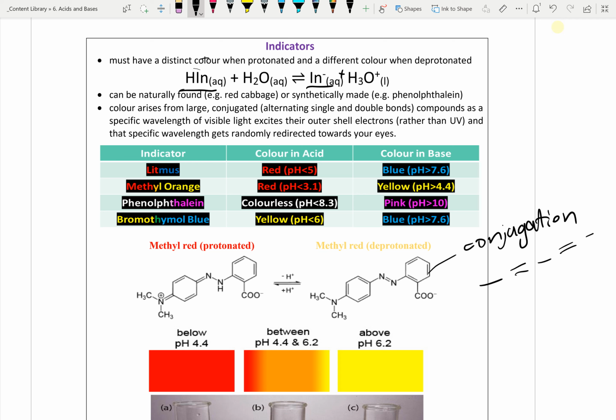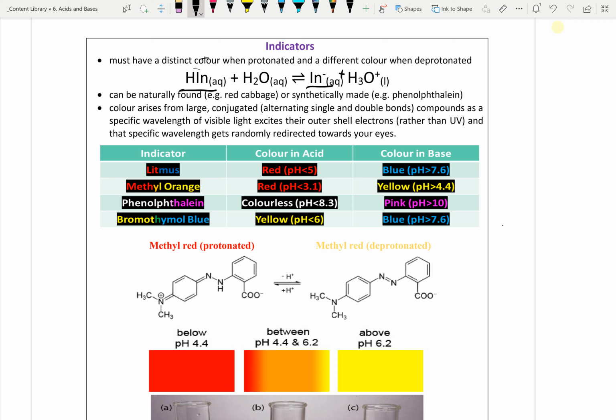And the quick gist of that is, if I use this as an example, methyl red being protonated, you might notice that this is where the proton is. When it's got the hydrogen attached, it's red, and when it doesn't have the hydrogen attached, it's yellow.